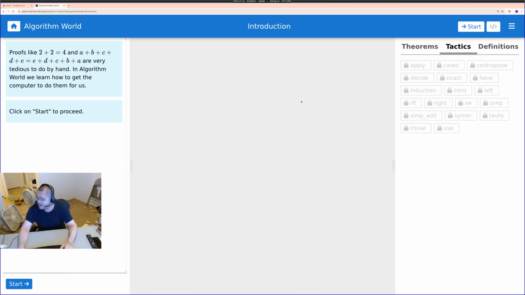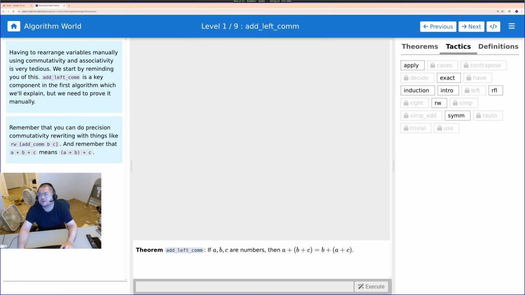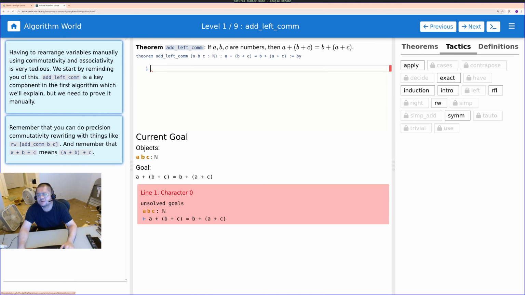Alright, we are now going to start Algorithm World. So, let us get started. We need to somehow rearrange this: A, B, C, B, C, A. What theorems do we have?